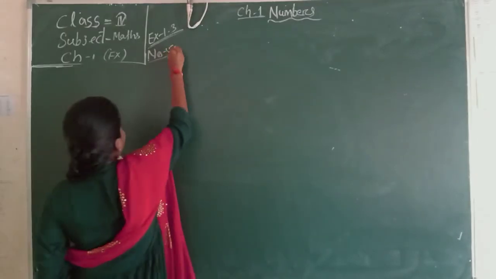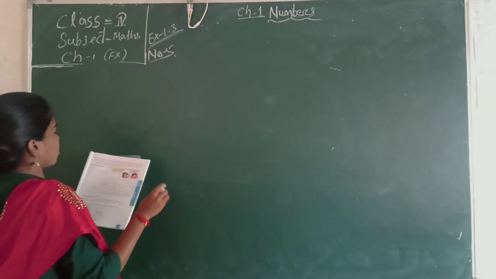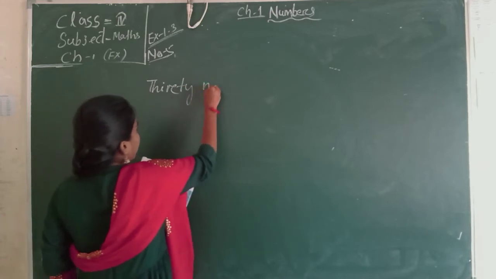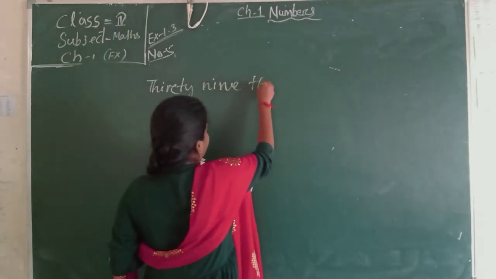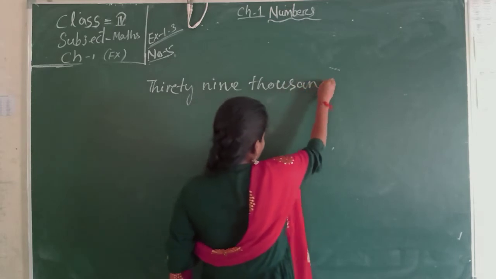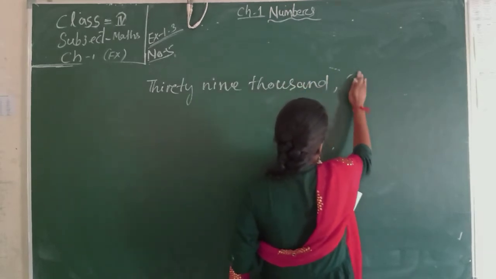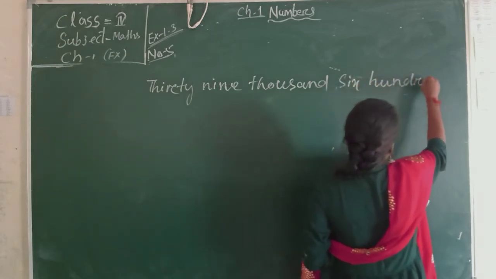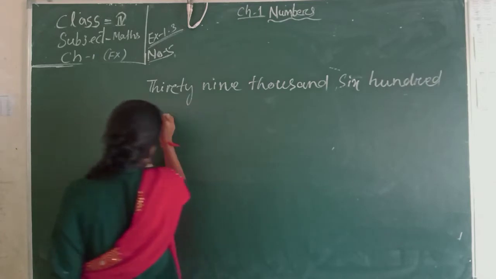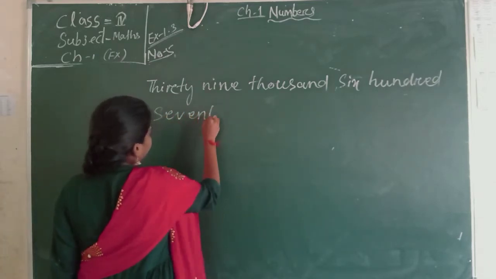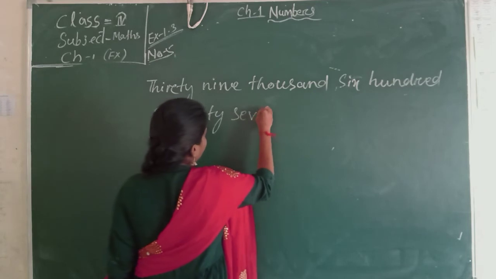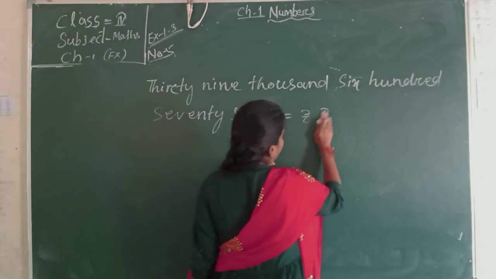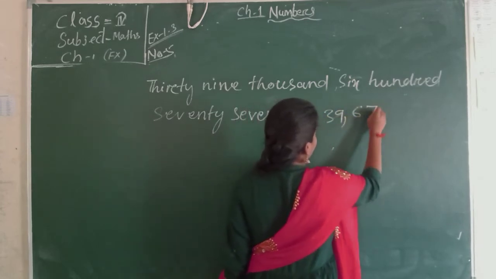His father told 39,677, which is equal to the number name 39,677.